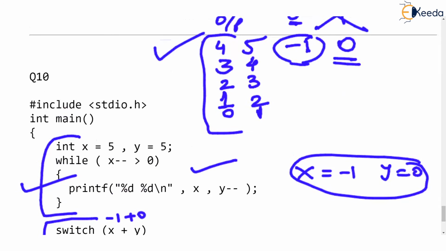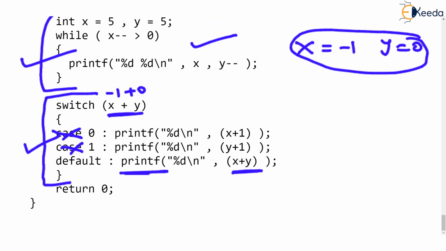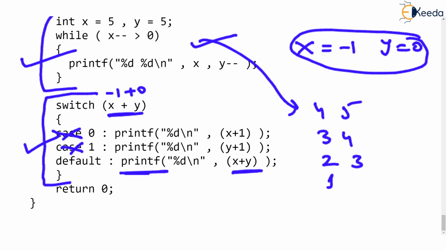Let's check. 4 5, the same output as for the earlier while. Then 3 4, then 2 3, then 1 2, then 0 1. And the last output is going to be x plus y. But listen, x has already become -1 and y is 0. So this will be -1. This will be the overall output.